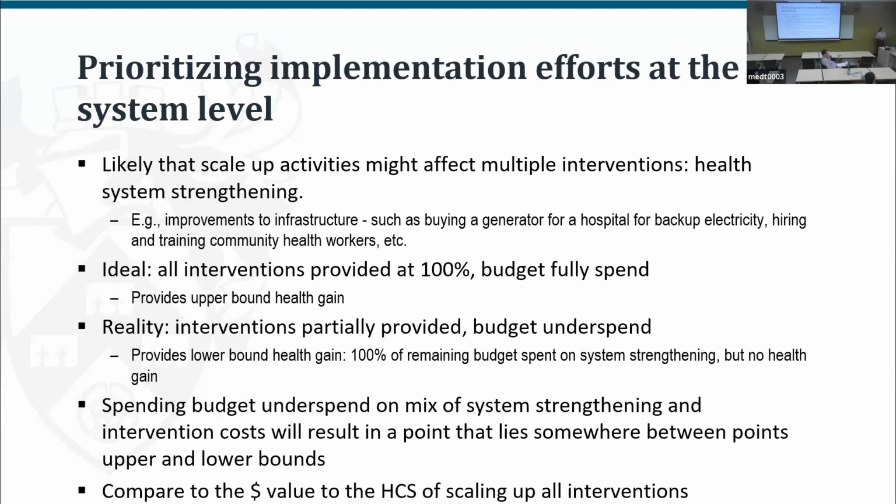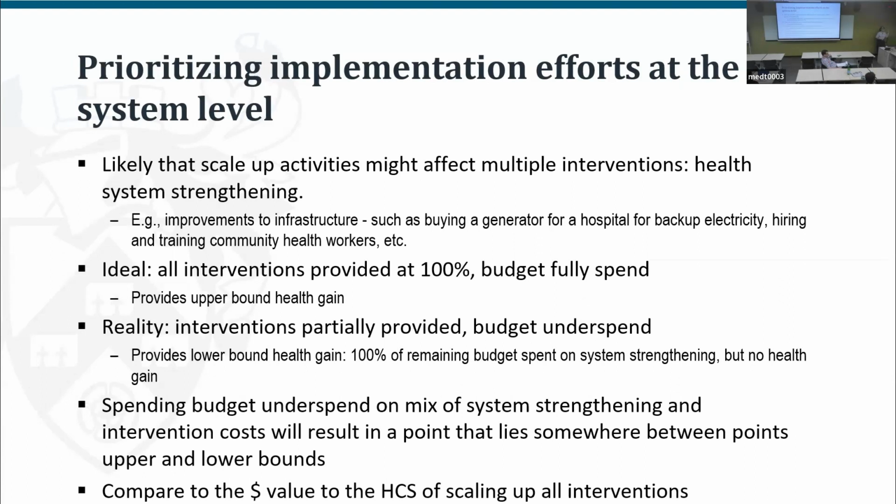And then we can also think about doing this at the healthcare system level, because it's likely that spending money on improving roads and ensuring that there's clean water at all hospitals, for example, is going to affect multiple healthcare interventions. And so for that, what we need to know is our sort of two bounds, basically.